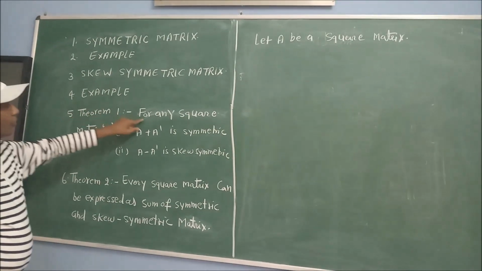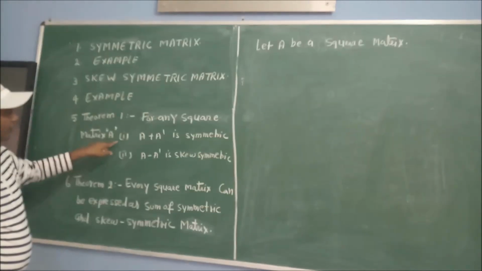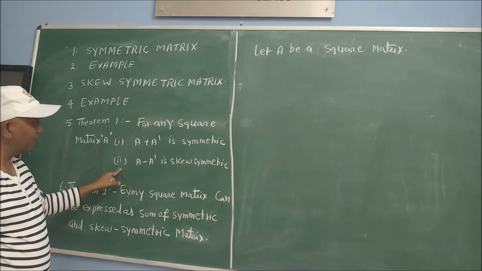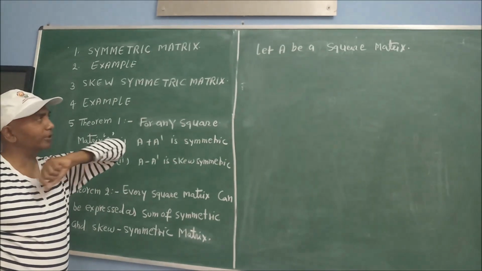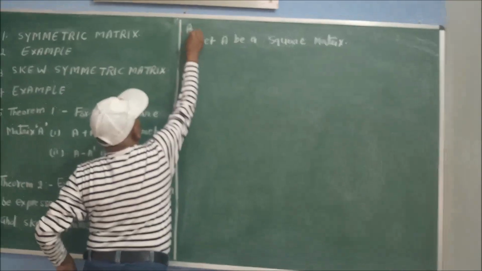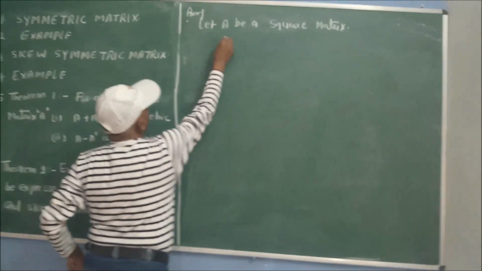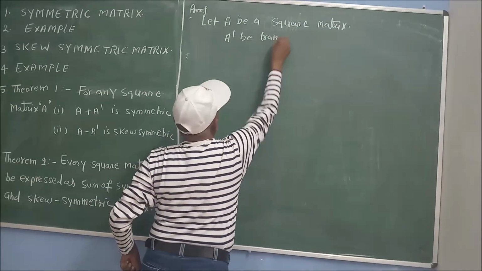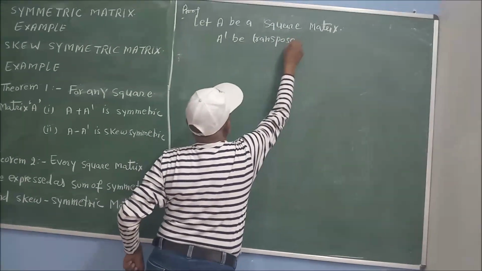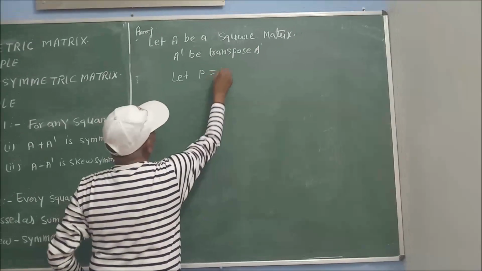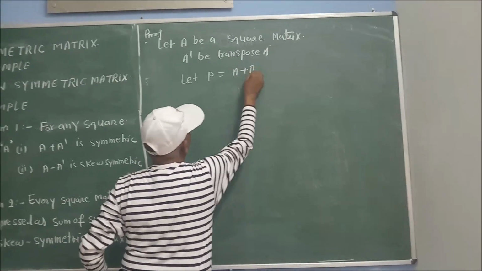First theorem: for any square matrix A, we have to prove that A plus A dash is a symmetric matrix, and A minus A dash is a skew symmetric matrix. Proof. Let A be a square matrix, then A dash is the transpose of A. Suppose let P is equal to A plus A dash.